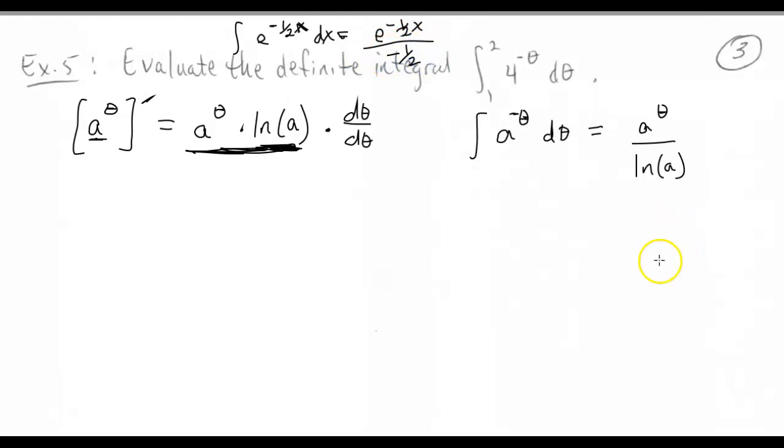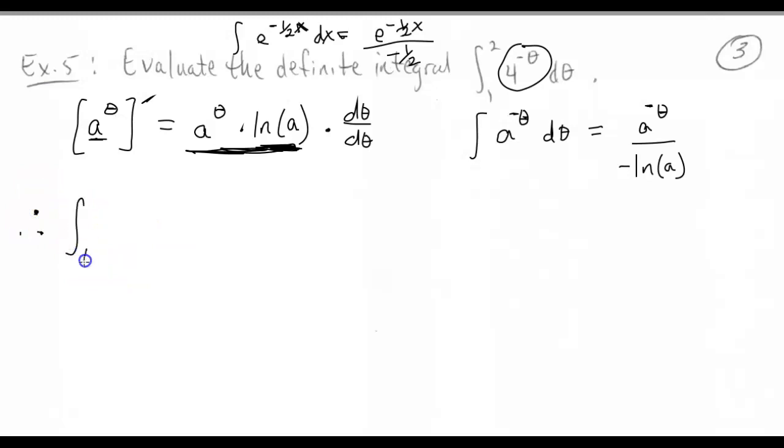Okay, so in that sense, we know here that if we have this, this would be a raised to the negative theta, and this would be a minus natural log of a. So we're going to take that and use this information to figure out the antiderivative of 4 raised to the minus theta, and then evaluate that area under the curve from 1 to 2.